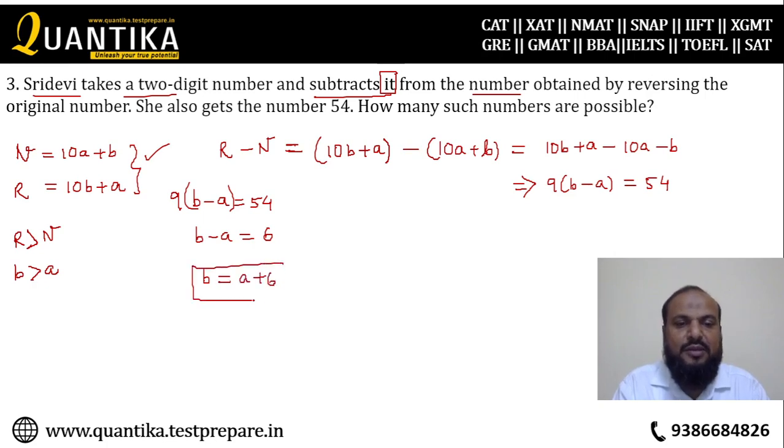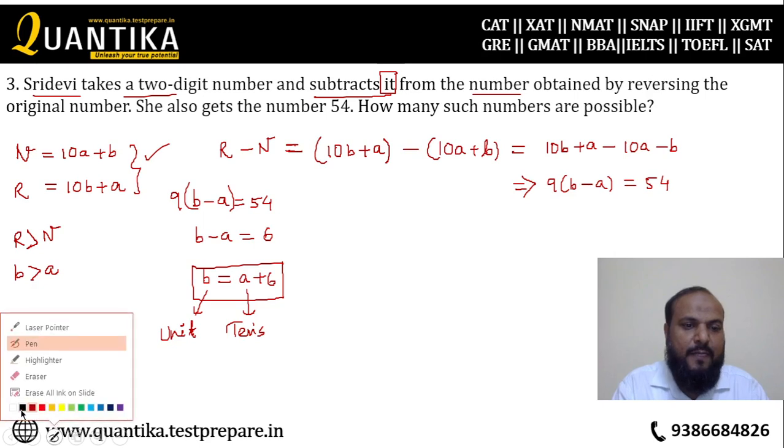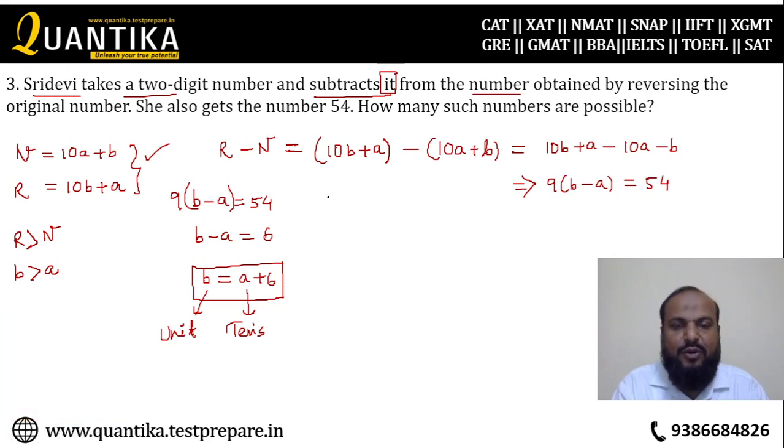What must be borne in your mind is that this time a is the tens digit, and a tens digit can never be 0. So you will be starting with 1. So you will take a is equal to 1. If you take a is equal to 1, b is equal to 7, and the number becomes 17.